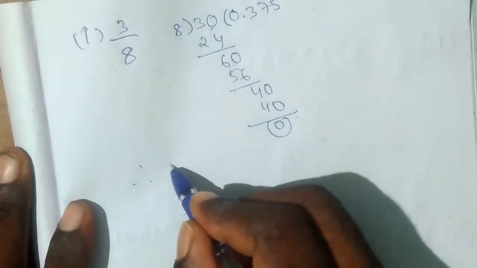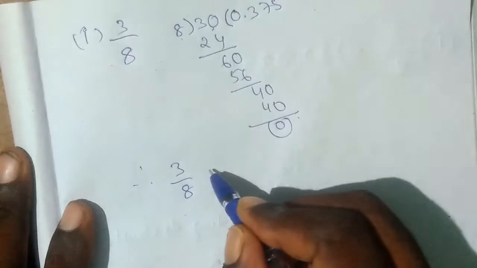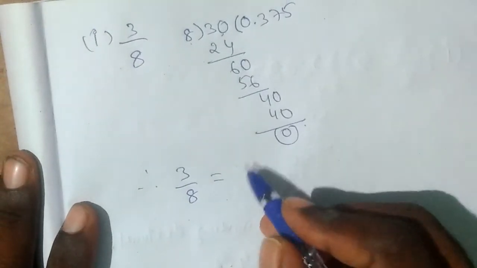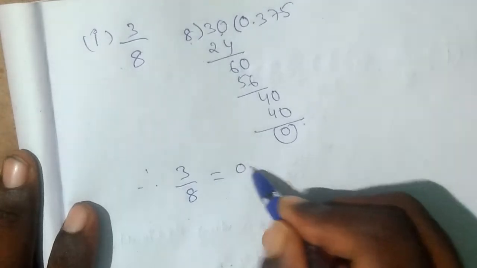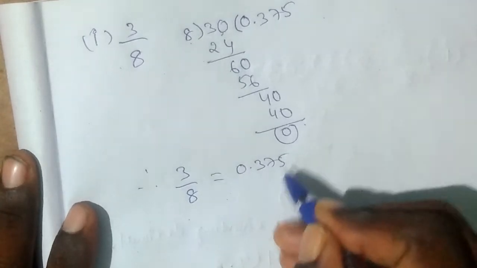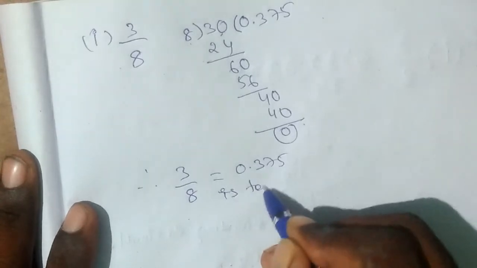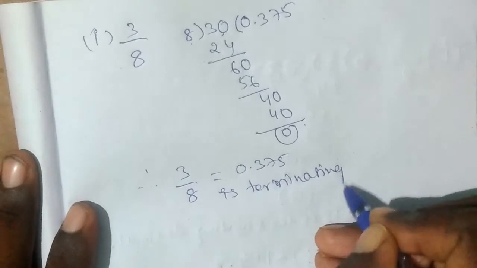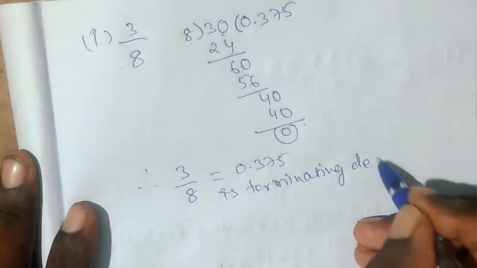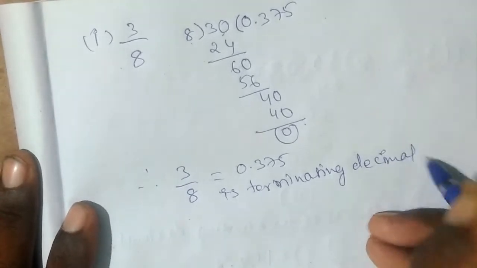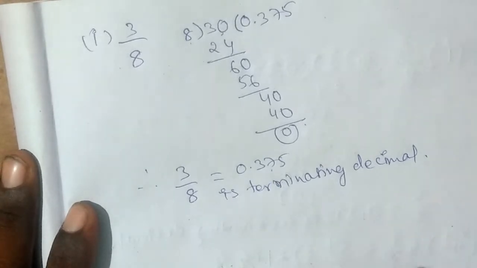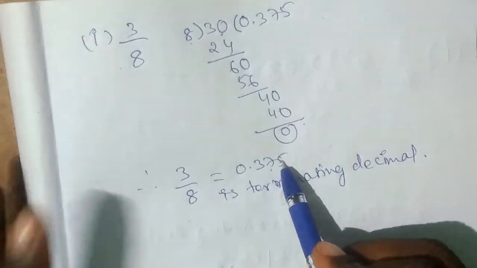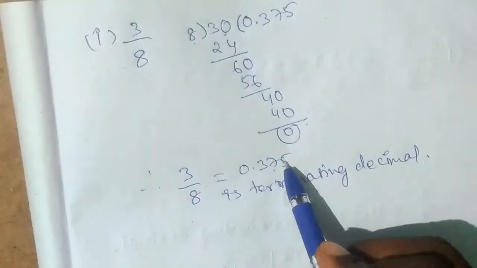So therefore 3 by 8 is equal to 0.375, which is a terminating decimal. Why? Because in the decimal part there are a finite number of digits, 1 2 3, only 3 digits.